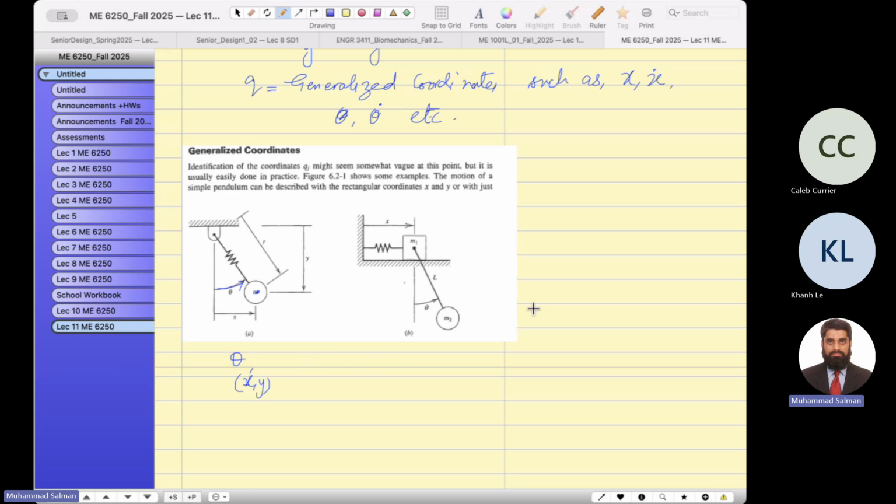Over here, x is the position of the mass, and theta is the position of the pendulum. So there are two coordinates which are completely defined. This is for the mass m1, and this is for the mass m2.